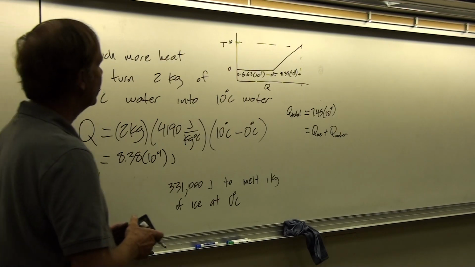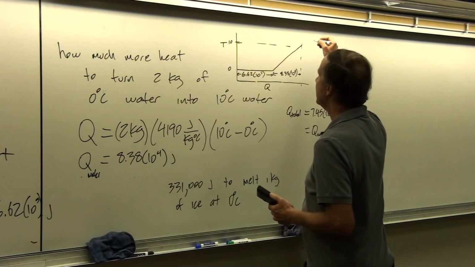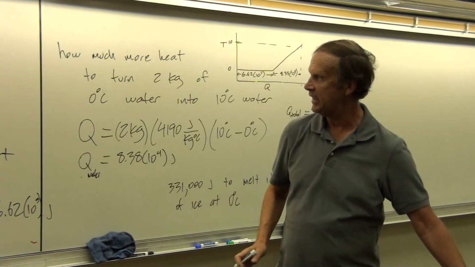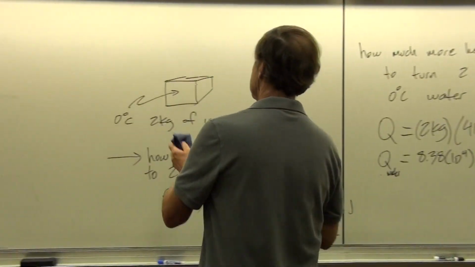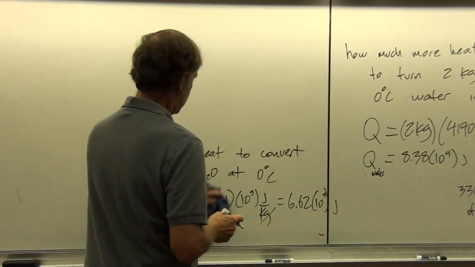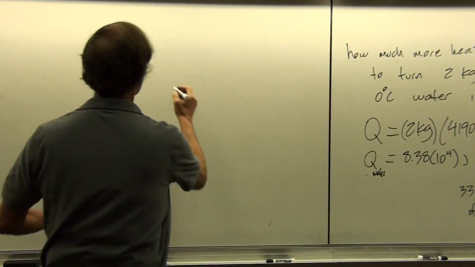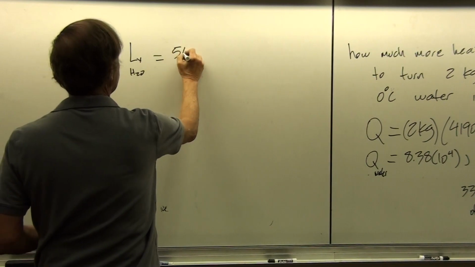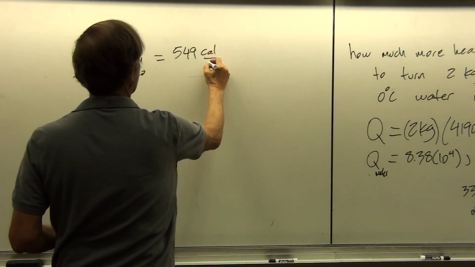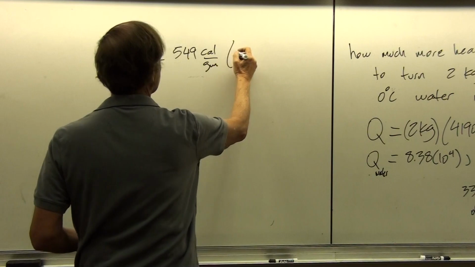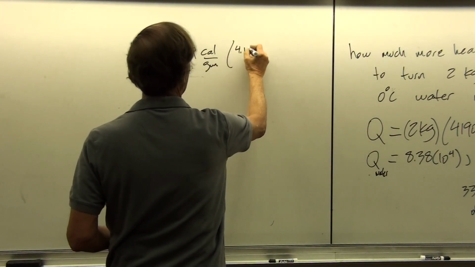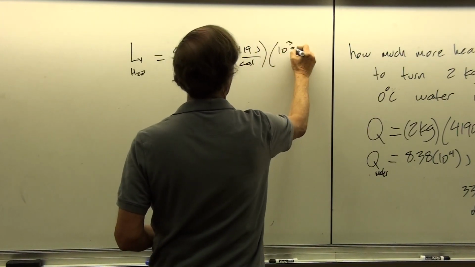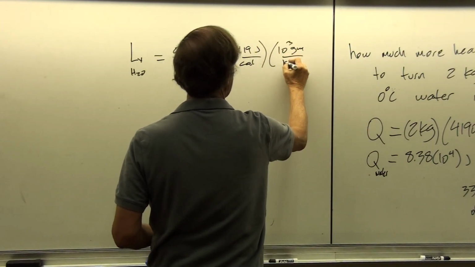Now, what if we had raised this all the way to 100 and then we wanted to evaporate that water? Well, if that's the case, then we also need the latent heat of vaporization for water. That's equal to 540 calories per gram times, again, 4.19 joules per calorie times 10 to the 3 grams per kilogram.